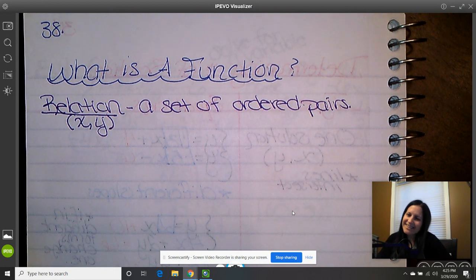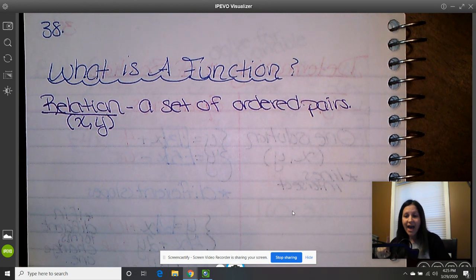It's like they're hugging. Isn't that cute? So that's a relation. Any set of ordered pairs is a relation. Don't overthink it. There's nothing else beyond that. So X and Y, they're in a relation.